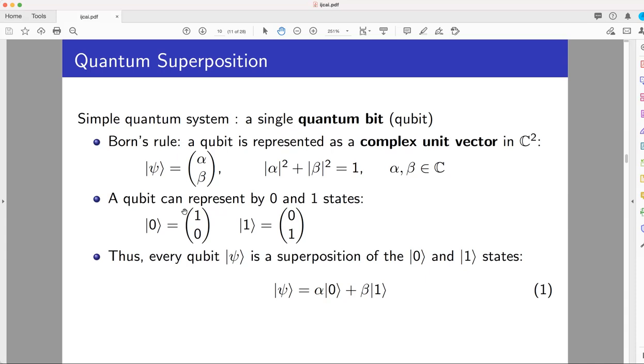And every qubit |psi> is a superposition of the |0> and |1> states. So |psi> is just a linear combination of |0> and |1>. Okay, this is the basic definition of quantum superposition.